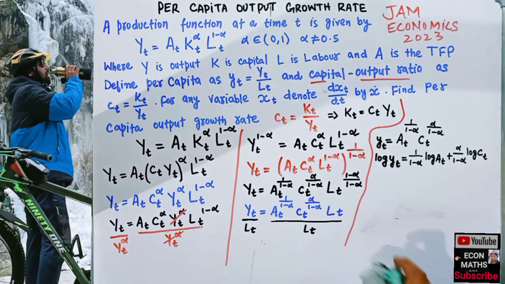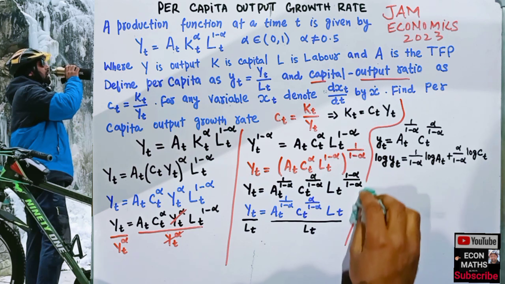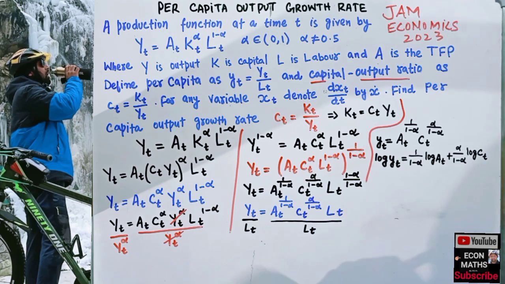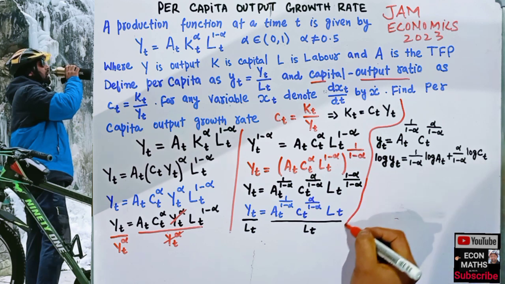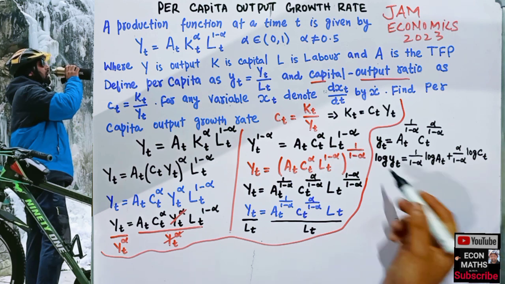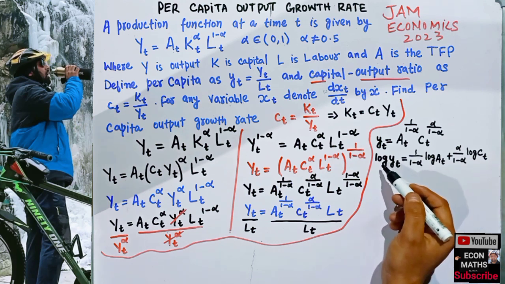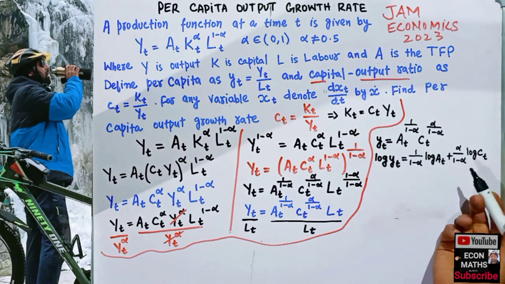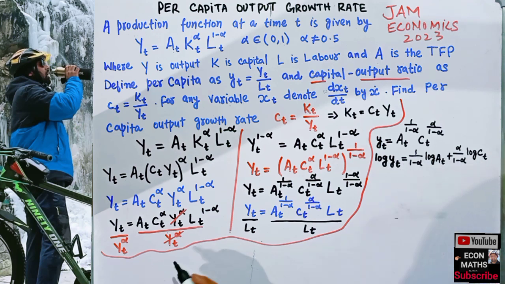Having said that, after that, what will you do? Let me see if I have space here. I have space left here to make the calculation. So differentiate both sides with respect to time.